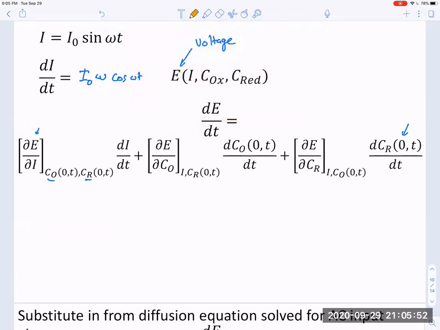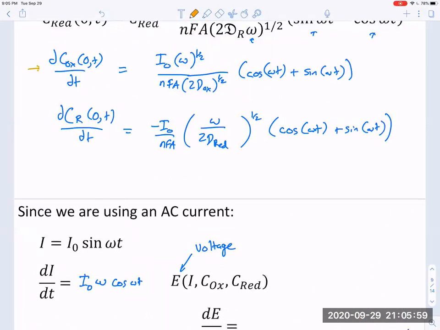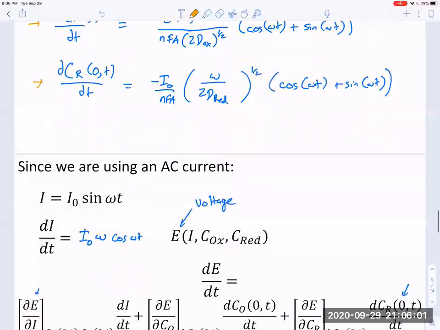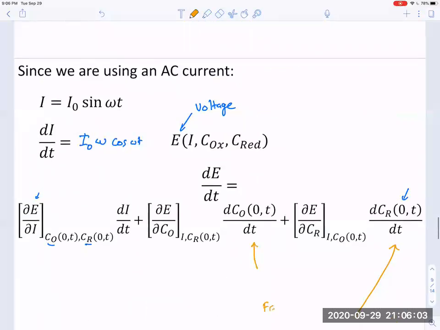So this might look like a lot of stuff, but we'll notice that this term and this term we already have here. We have those. Those are derived from our diffusion equations, so we know what those are.